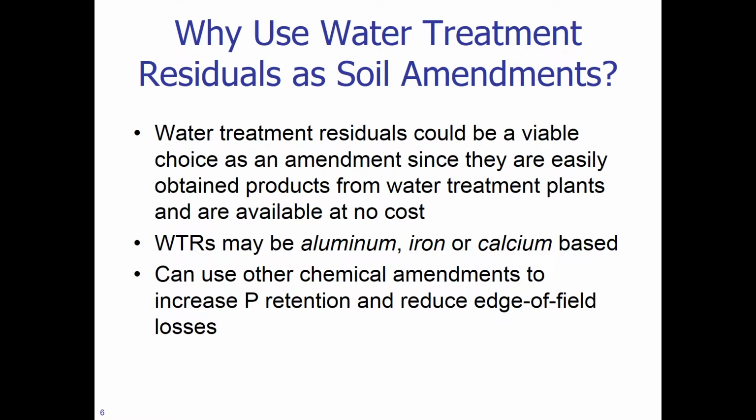WTRs could be a viable choice as an amendment since they are easily obtained products from water treatment plants and are available at no cost. As I've mentioned earlier, WTRs may be aluminum, iron, or calcium based. We can also use other chemical amendments to increase the P retention and reduce the edge of field losses.